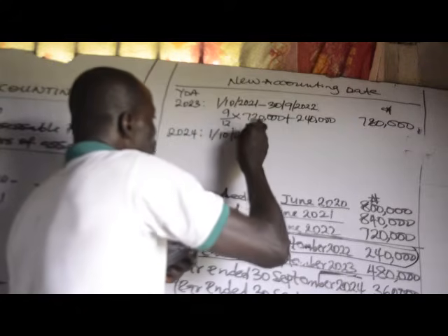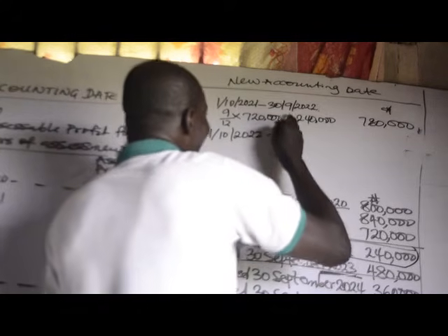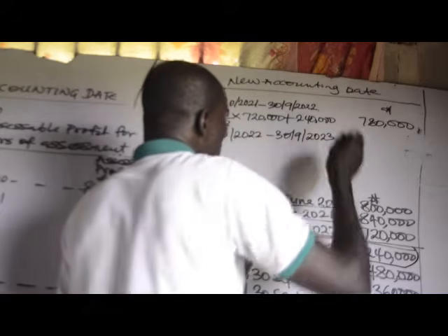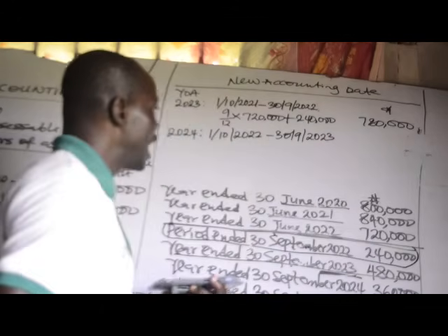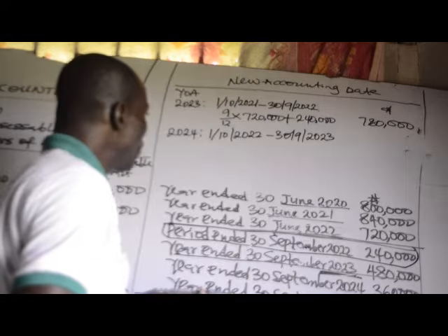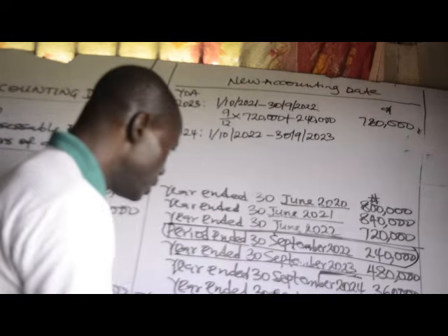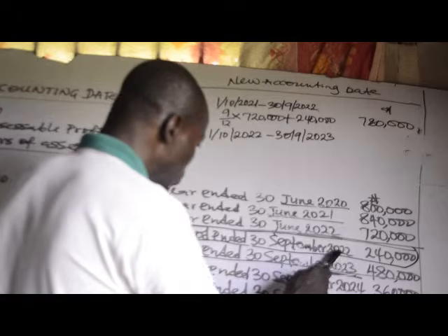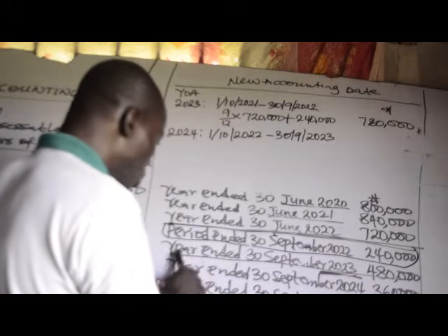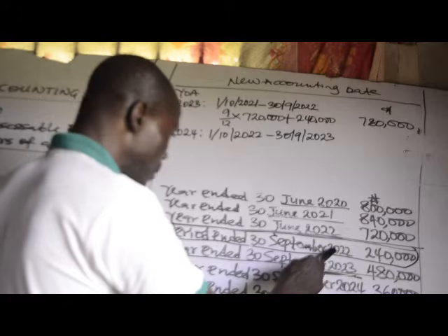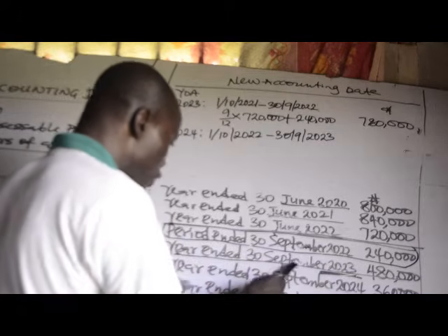Then the 2024 year of assessment will be profit from October 1st, 2022 and end as at 30th of September 2023 on PYB, preceding year basis. Where can we get profit of October 1st, 2022? This ended at September 2022, so October 2022 will be here, since immediately after September we have October.